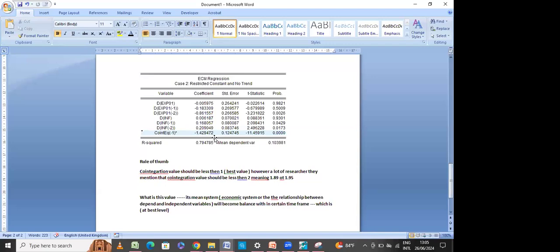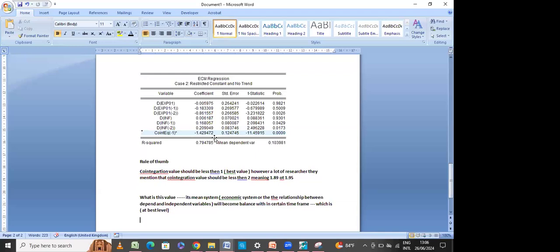Meaning, in an economic system, if those variables drift from each other, it will again come back to the starting point within the period of 1 year. That's what the ECM co-integration value explains to us.